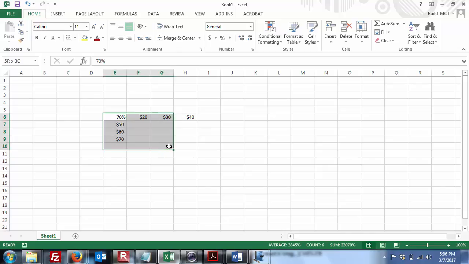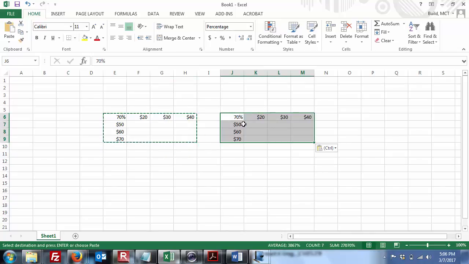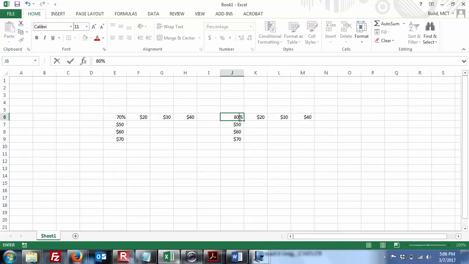So once you've done that, you can take that and say, well, let's take it over here, copy, paste, and run that at 80%, for example.